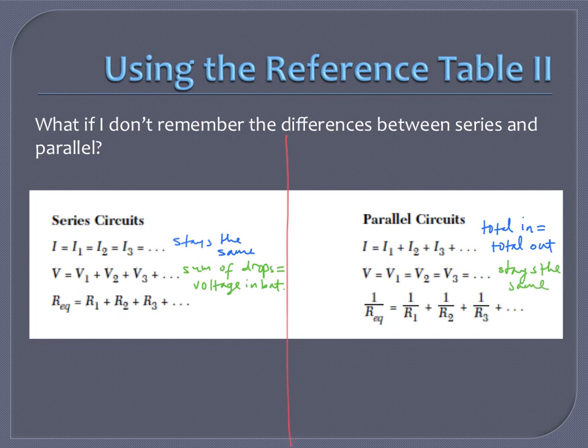And then here, the resistors, this is the sum. And then over here, this is the inverse of the sum of inverses. That's a lot. Remember the calculator shortcut I showed you?